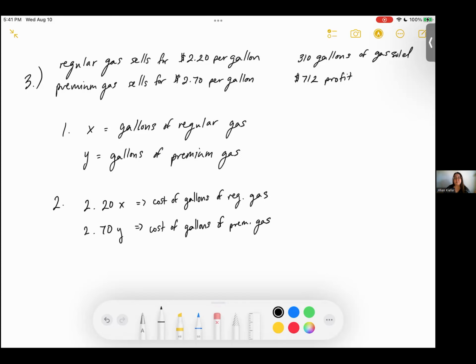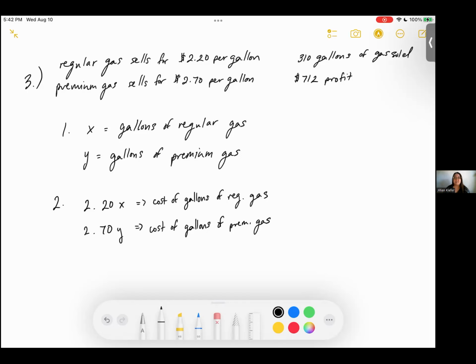Then we have some other information that we were given. We want to remember that there were 310 gallons of gas that was sold, and there was a $712 profit. So focusing first on that first piece of information, there were 310 gallons of gas that were sold. And we said that X was gallons of regular gas and Y was gallons of premium gas. And the combination of these equaled 310 gallons of gas in general.